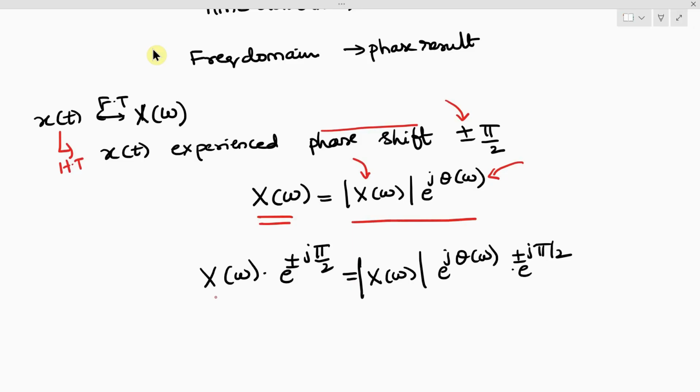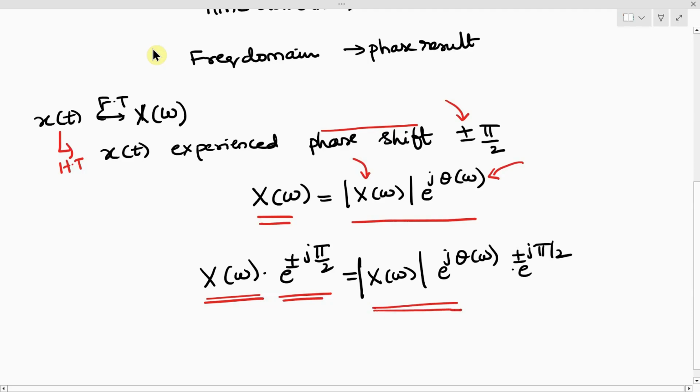Since phase shift is properly explained in the frequency domain, I am multiplying the input spectrum with e power of plus or minus j pi by 2, and since X of omega is written in its polar form like this, the magnitude remains as it is.